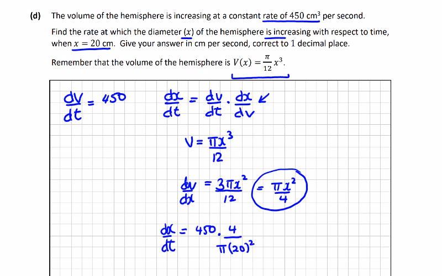So that's 450 times 4, which is 1800, over 400 pi. That's going to give 1.43. We want it in centimeters per second, corrected to 1 decimal place, so 1.4 centimeters per second for the rate of change here.